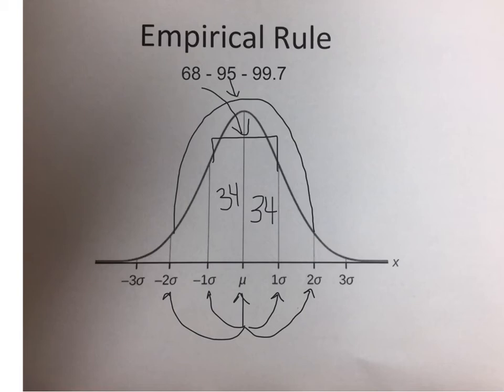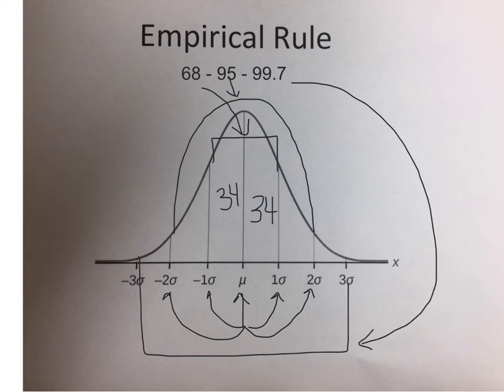And if we go 3 deviations away, and I'll put this at the bottom here, that's going to be 99.7% of my data. We're going to look more at this in class and ask ourselves, how can we use the symmetry? How can we use this empirical rule? Because this normal distribution idea is going to be a major backbone concept for us.